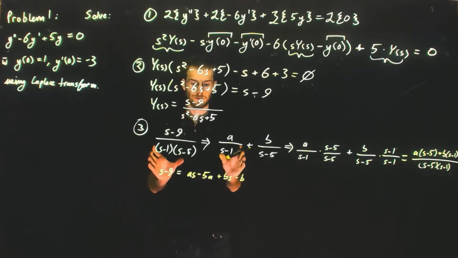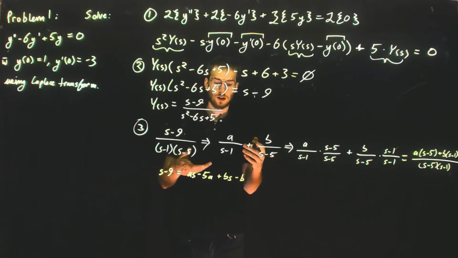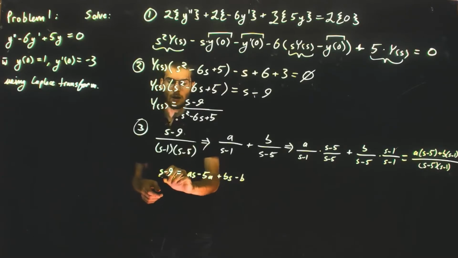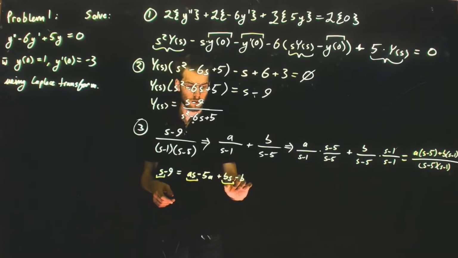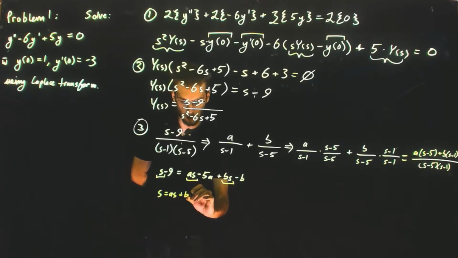Now, the next step is to separate this into two equations so that we can substitute and solve for our A and B terms. What we can do is isolate the terms with S's in them, these three. So we'll have S is equal to AS plus BS.